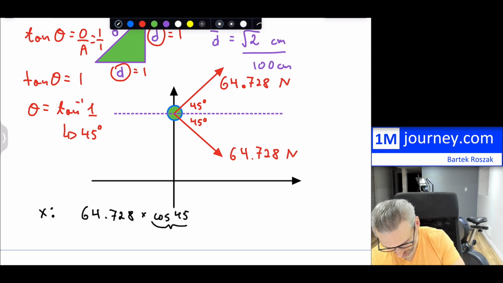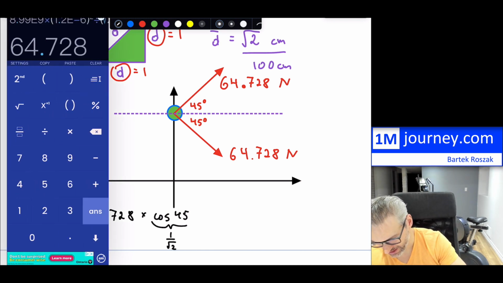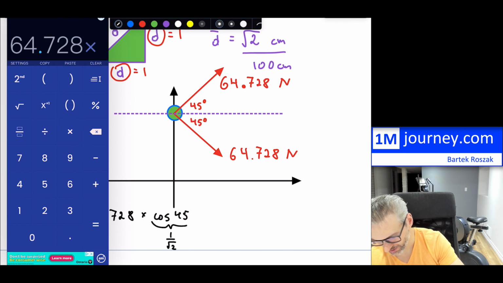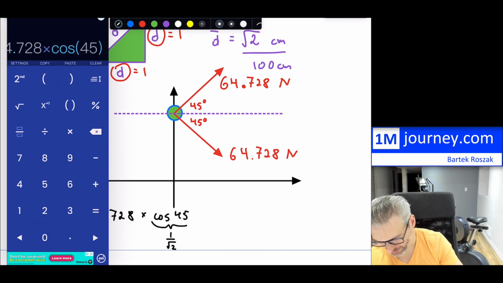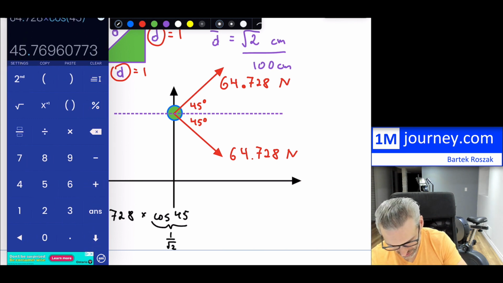Cos of 45 is just 1 over square root of 2. You can check that for yourself, or you can just utilize the calculator. So let me just take cos of 45 degrees. That is the component that I wanted. This is in the x direction.